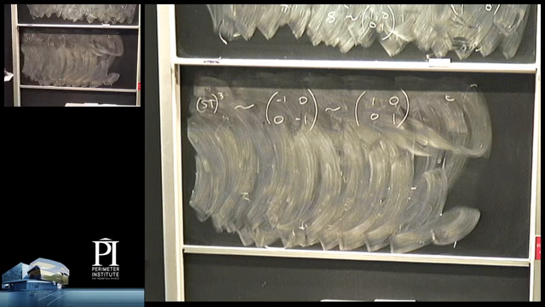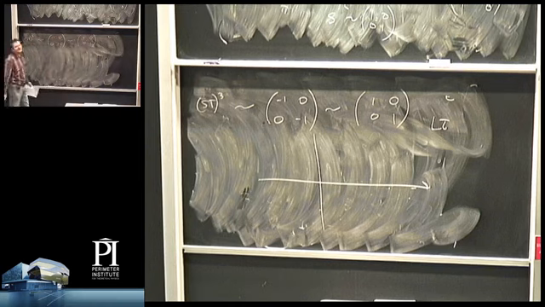But it's exactly the same as the identity, because that's where the modding becomes important. So this is the same as (1, 0; 0, 1) as an element in PSL(2,Z).